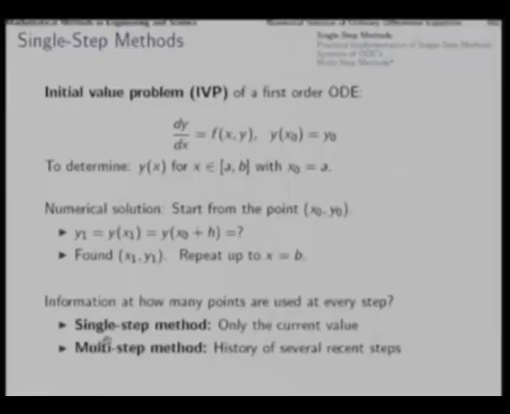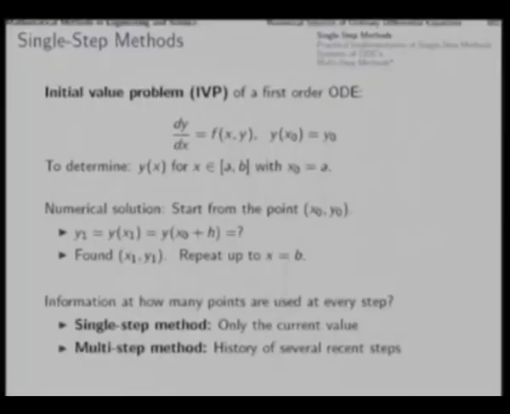And there is another family of methods called multi-step methods, in which the history of several recent steps is used. Most of our discussion here will be limited to single step methods. Now, resuming the discussion of this method.